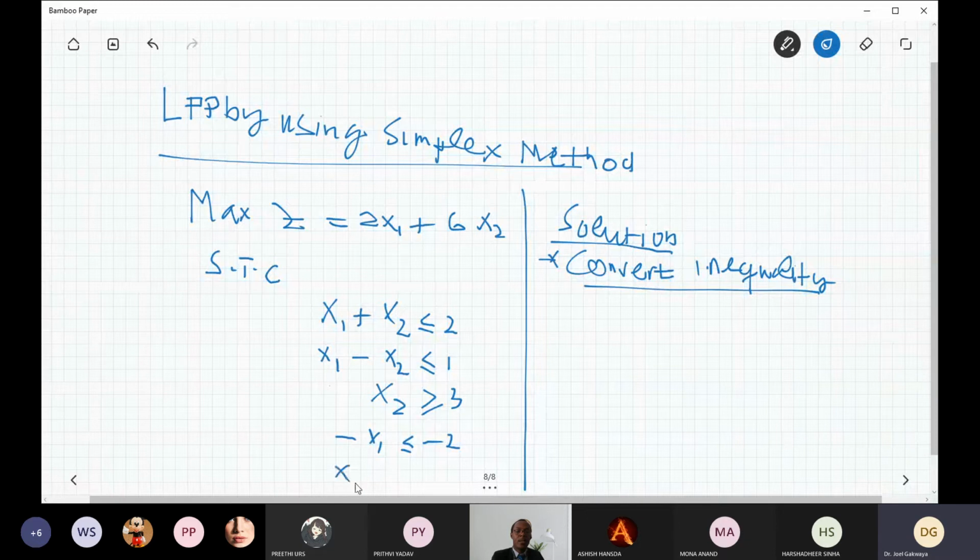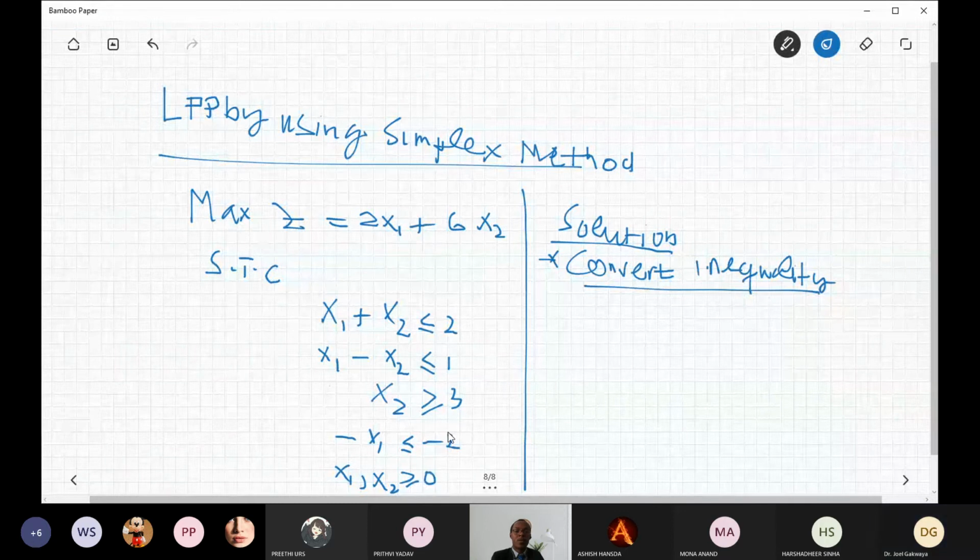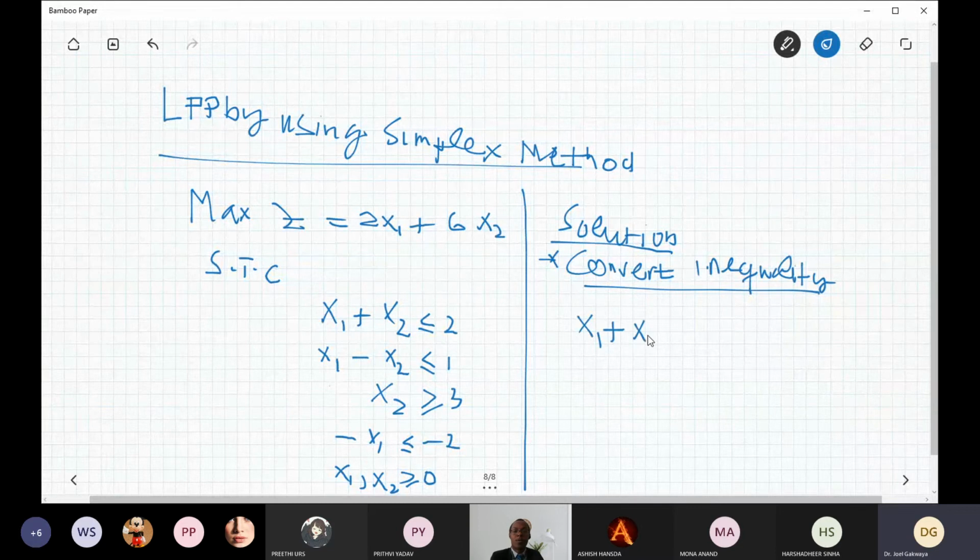Remember x1, x2 should be greater than 0. So first constraint: x1 plus x2 plus s1 is equal to 2.